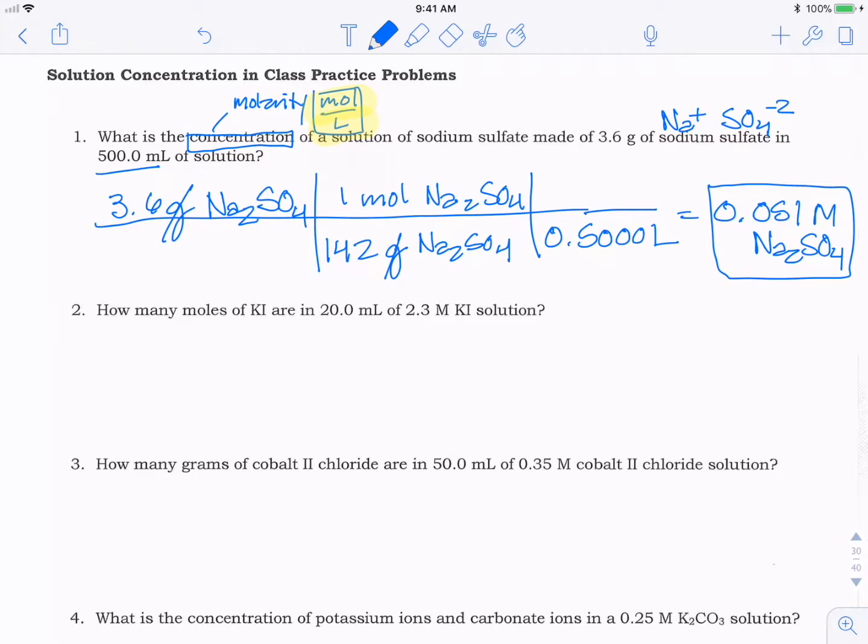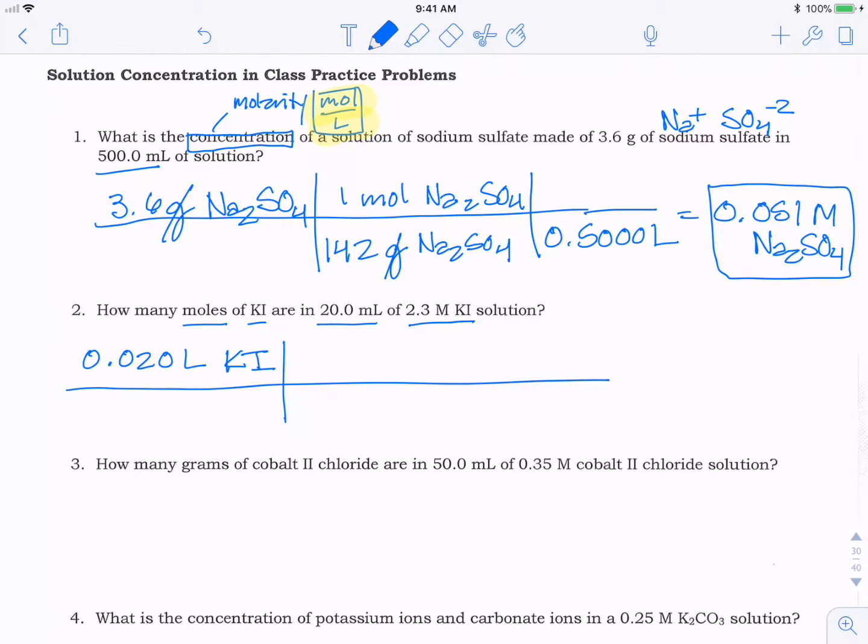Okay, we want to know how many moles of KI, potassium iodide, are in 20 milliliters of a 2.3 molar solution. So the rule is don't start a problem with molarity if there's anything else there. So we have 0.02 liters of KI. And we want to change from liters to moles. So this is a little bit tricky.